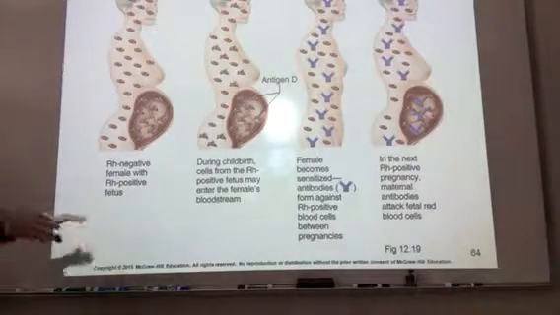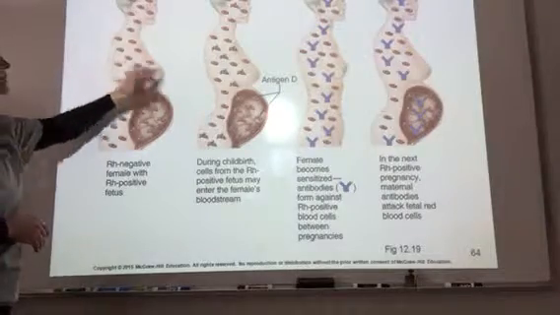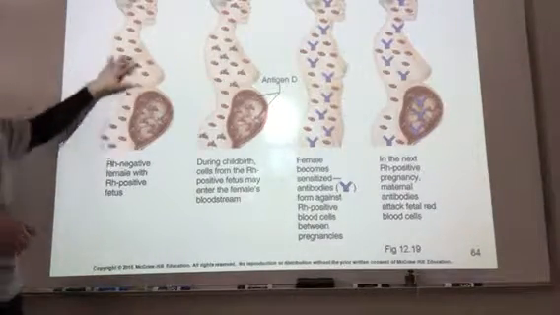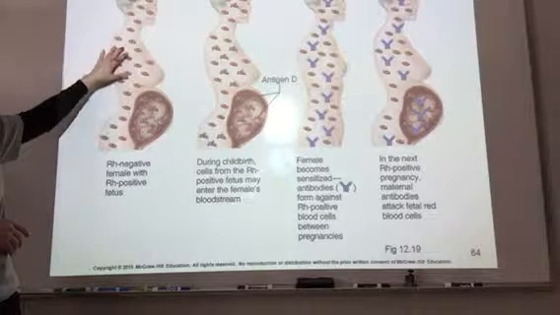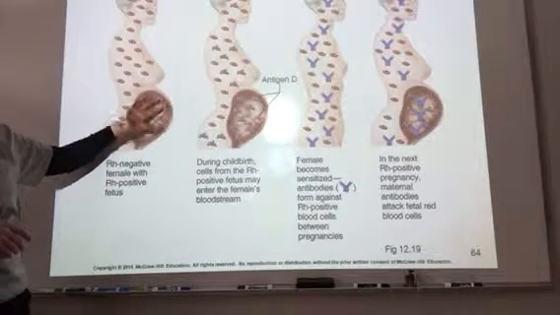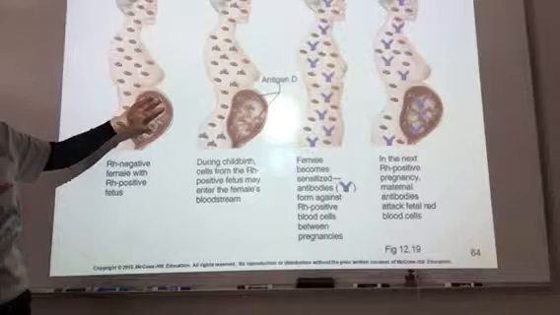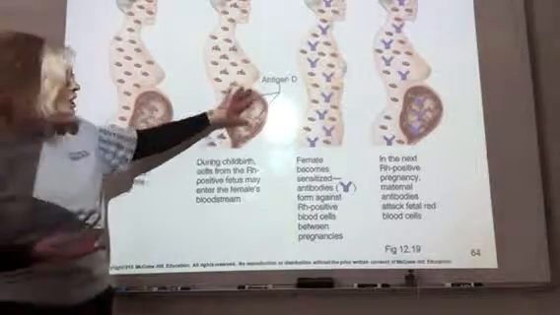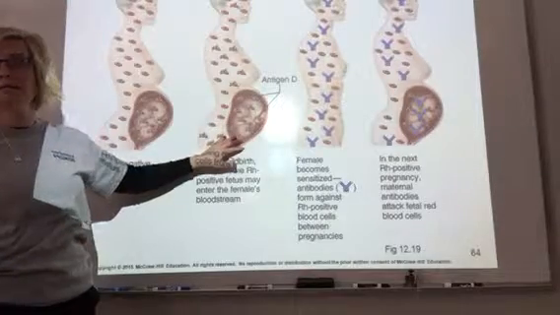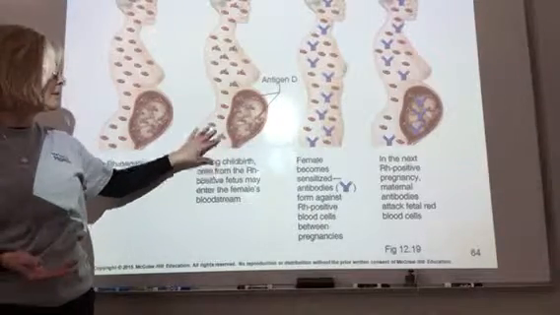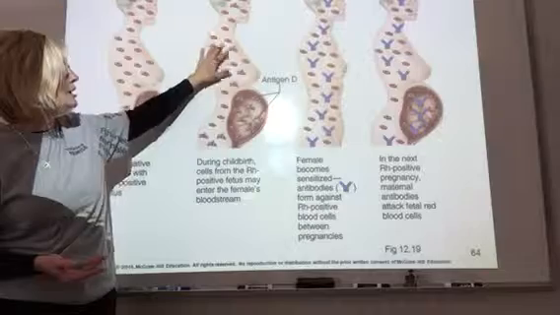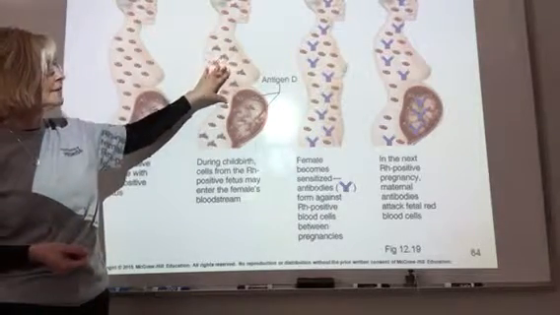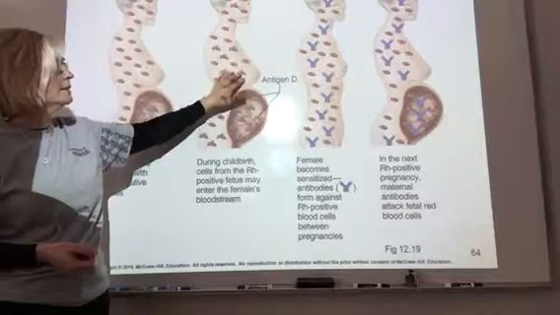So here I can see Rh negative, there's no antigens on her red blood cells, there's no antibodies, everything's fine. Fetus, obviously dad had a positive blood type, positive Rh factor, so the baby is positive. During childbirth, there is blood contamination, so some of that blood is going to cause her red blood cells to start having those factors.